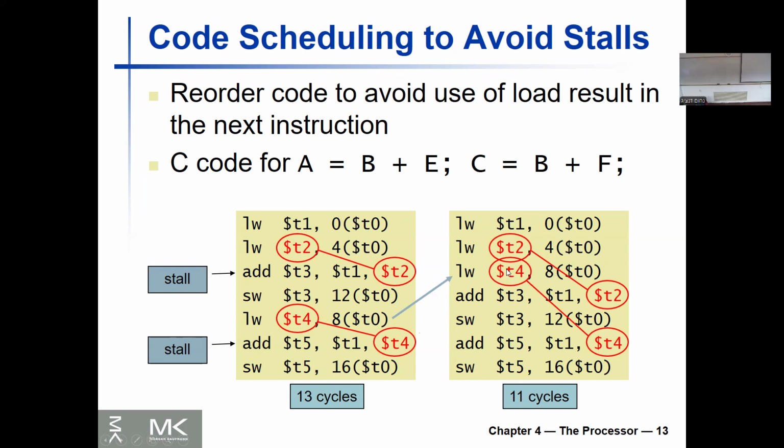I put in the command that had another stall. That was the T4. I put it there. And now I also immediately got this one in. I could have actually put this add right before the store word. But because I already got the 1 delay over here. So by rearranging the code, I don't need to put in any stalls because the code itself is the stalls.